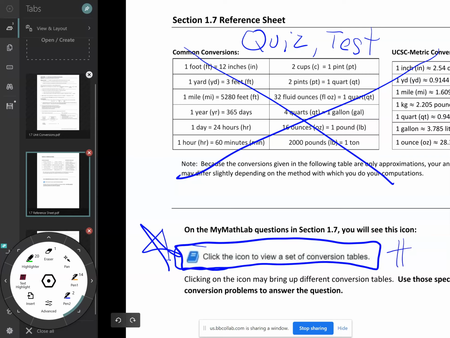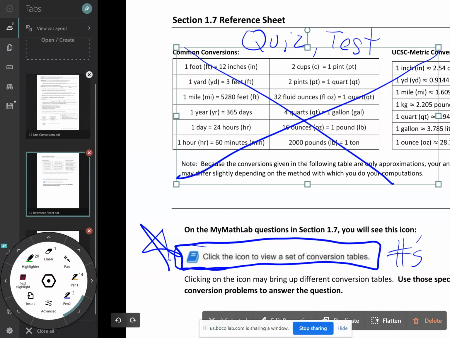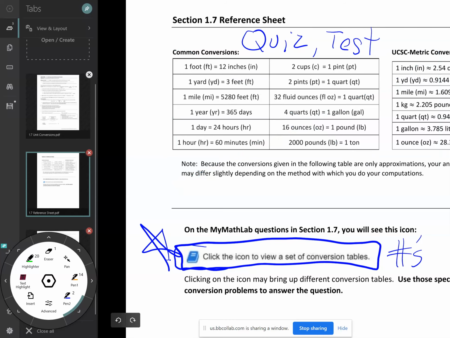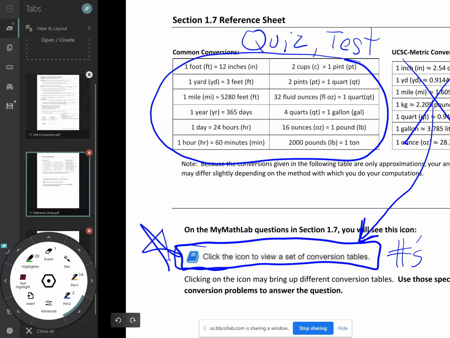Make sure to use those numbers so your rounding matches how MyMathLab wants you to round. These numbers are safe to use because they're standard conversions, but the metric stuff might be rounded differently on MyMathLab. So always use what MyMathLab gives you, especially if it's metric. The other ones are standard. I just wanted to point that out before I forget again.